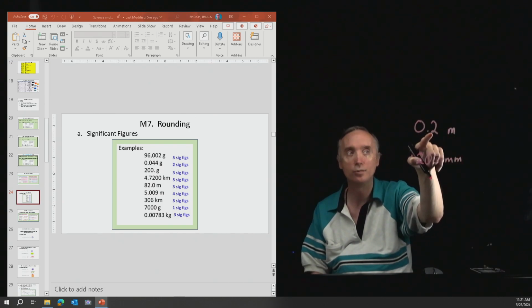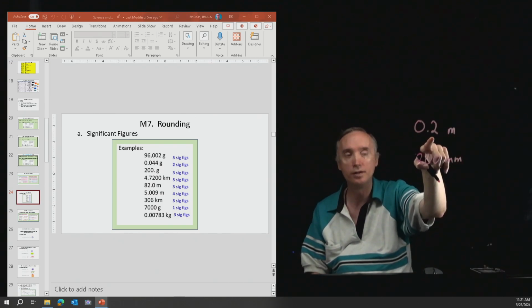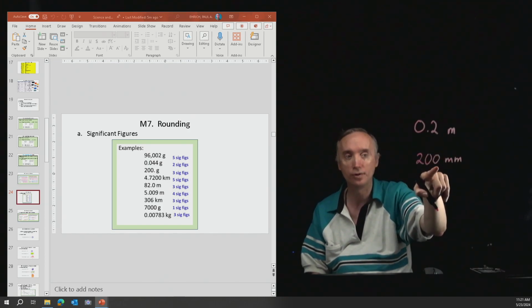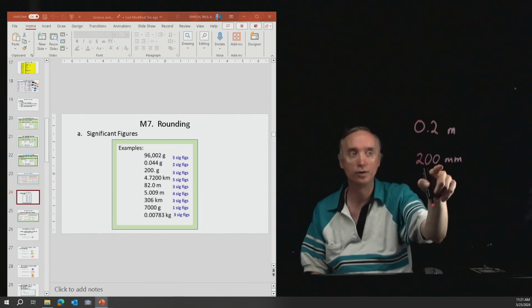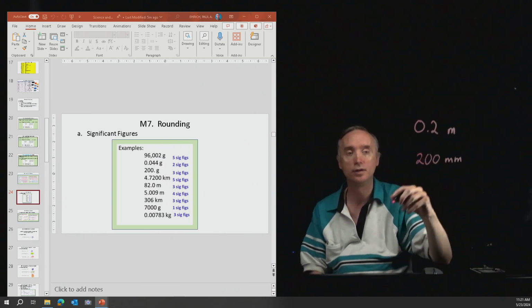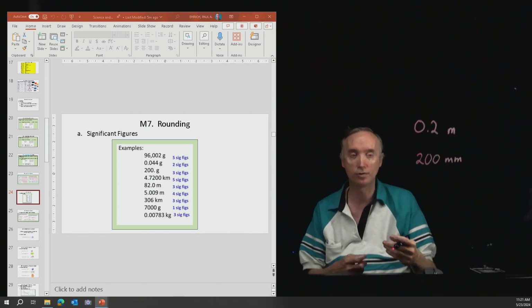Well, if I had gone with this one, this would be one significant figure, and then this would be 1, 2, 3 significant figures. So this is what you really ought to be telling somebody when you're telling them what the length of the object was.